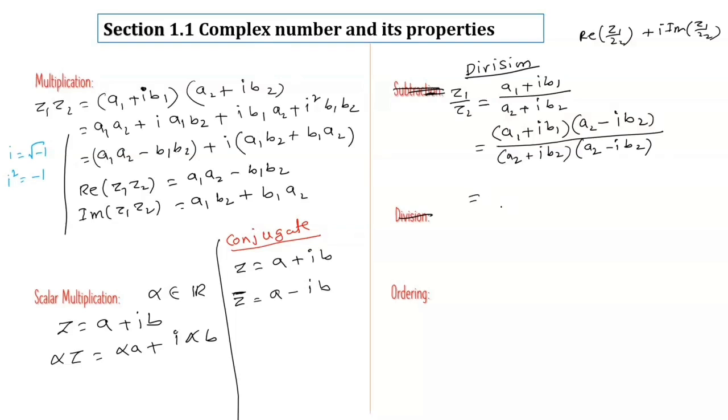Then we will do the complex multiplications in numerator and denominator and then simplify.